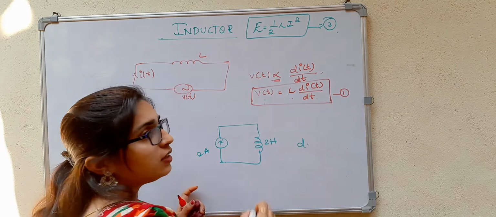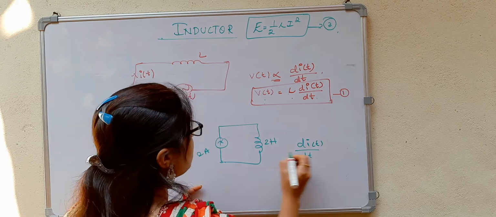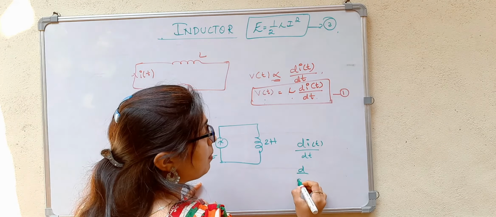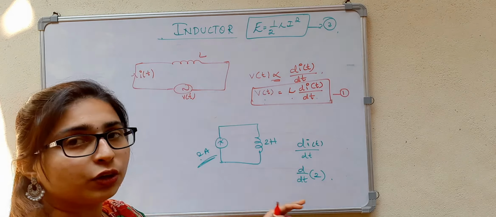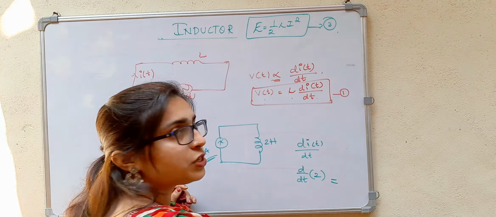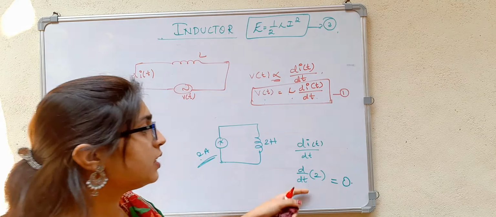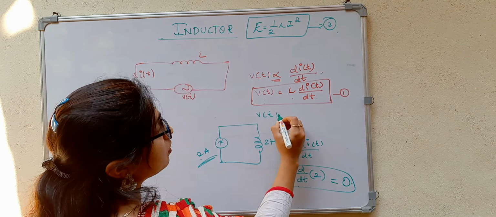If I consider the formula di t by dt, what is the value of current? It is not time varying, it is constant. Differentiation of a constant, 2, is equal to 0. So V of t will be equal to 0.